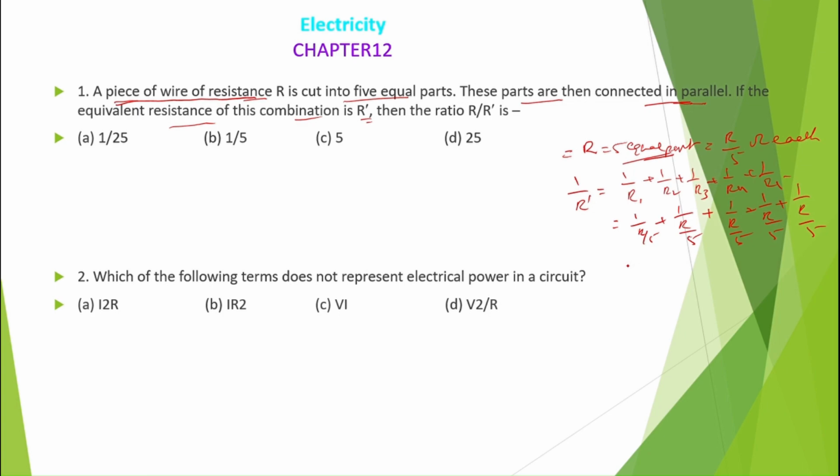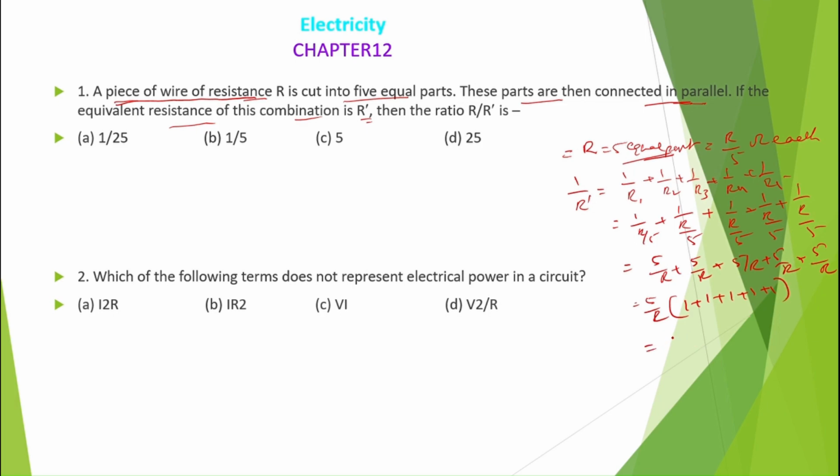If you simplify this, you will get 5 by R plus 5 by R plus 5 by R plus 5 by R plus 5 by R. You take 5 by R as common factor. So what is left? 1 plus 1 plus 1 plus 1 plus 1.